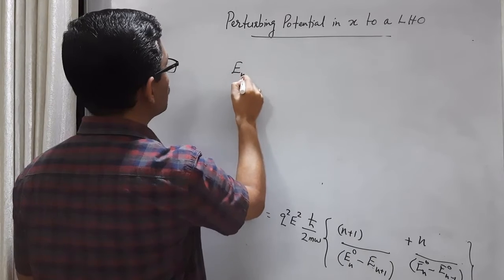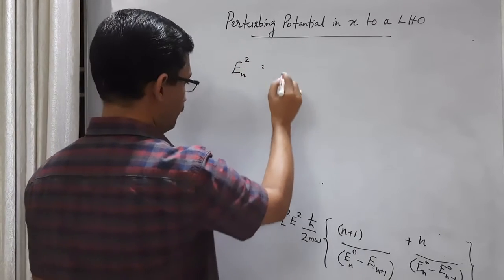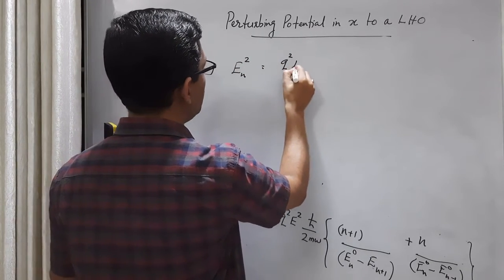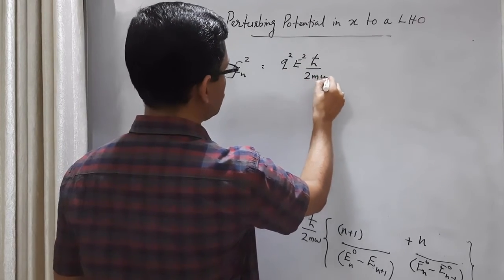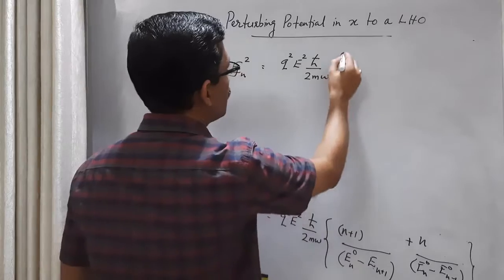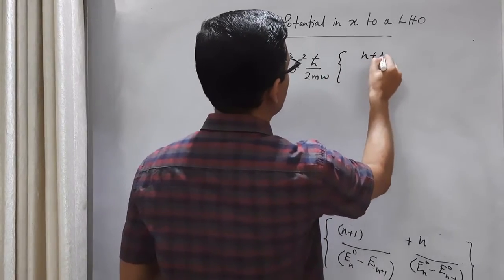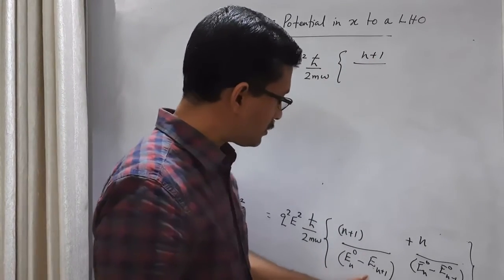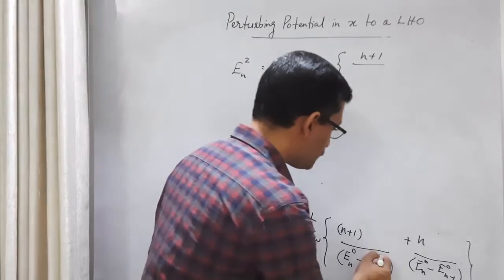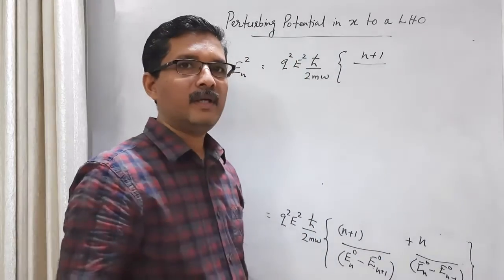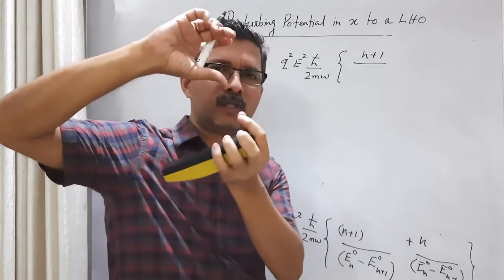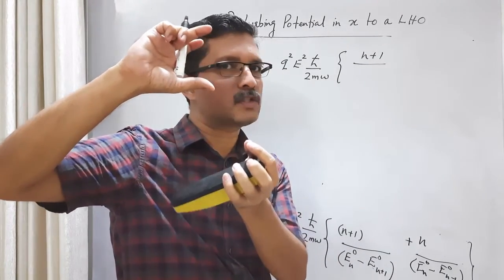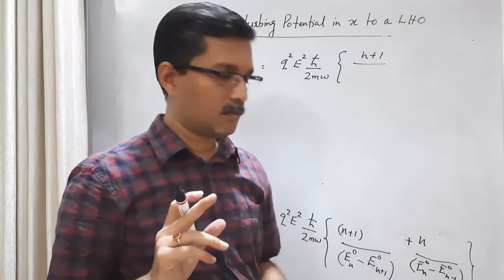So, En2, the second order correction, is q square E square h cross by 2m omega, n plus 1 divided by En0 minus En plus 1 0. En plus 1 is the energy level above the nth level, and we know that the separation between adjacent levels is h cross omega for the unperturbed harmonic oscillator.